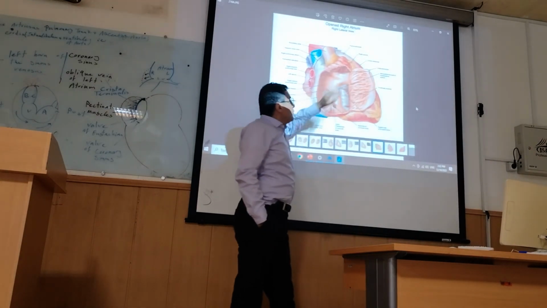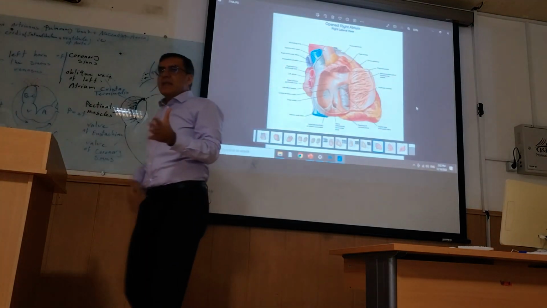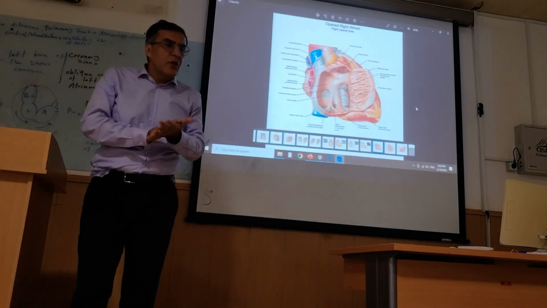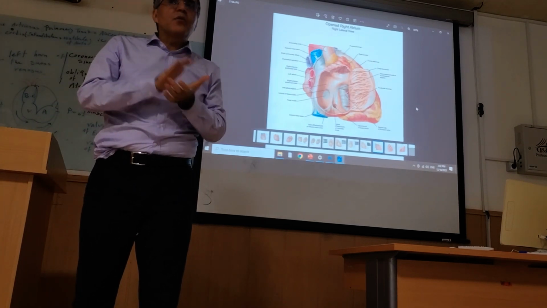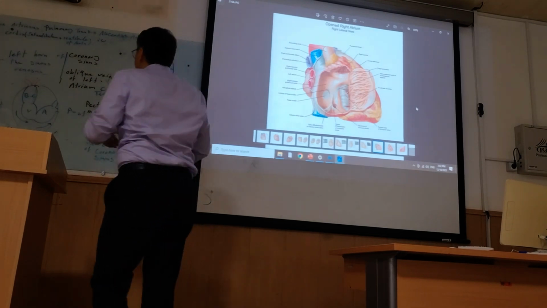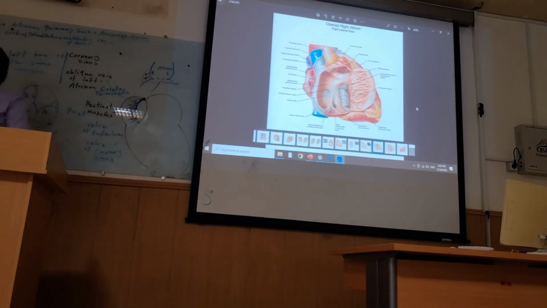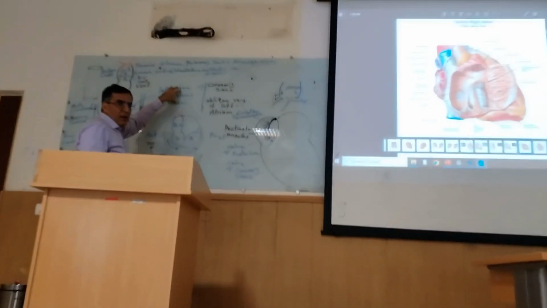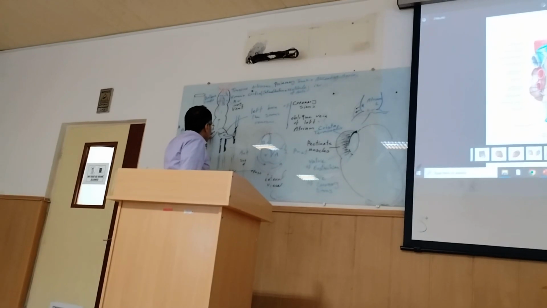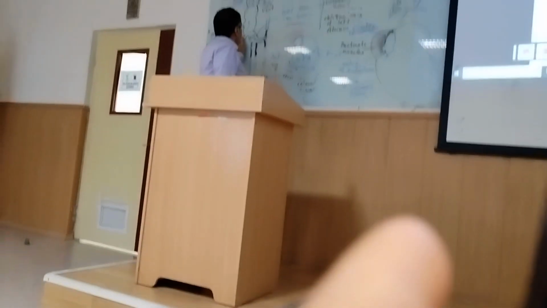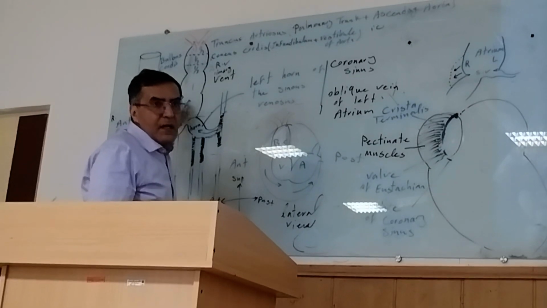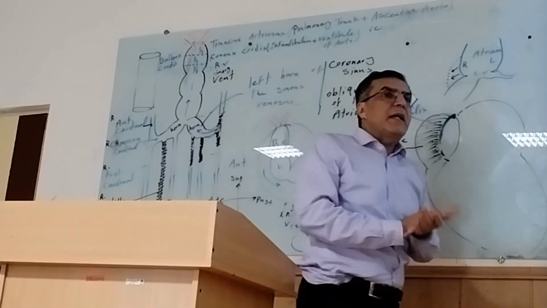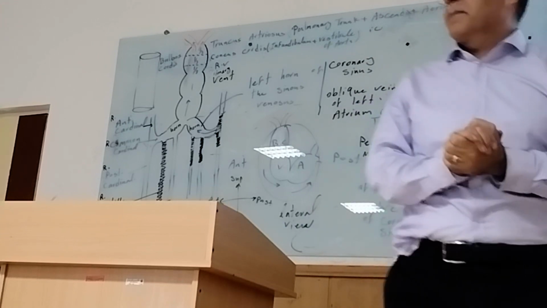The smooth part of the right atrium is made by the sinus venous, the right wall. The left wall is small, but the right wall comes into the right side of the primary atrium and cooperates in the formation of the right atrium.